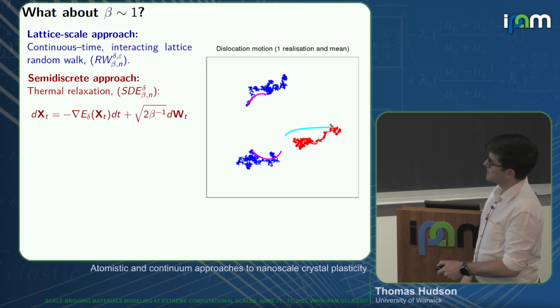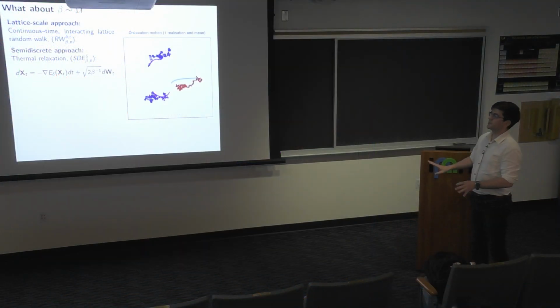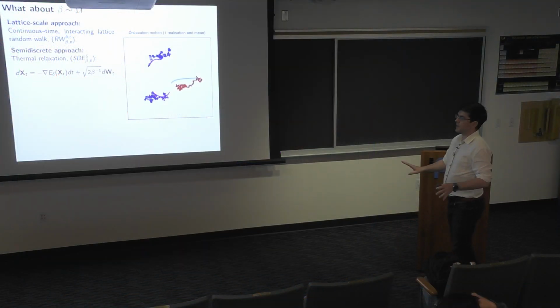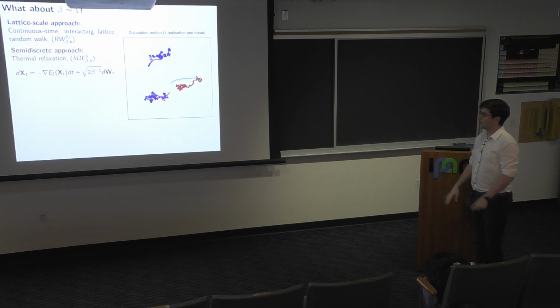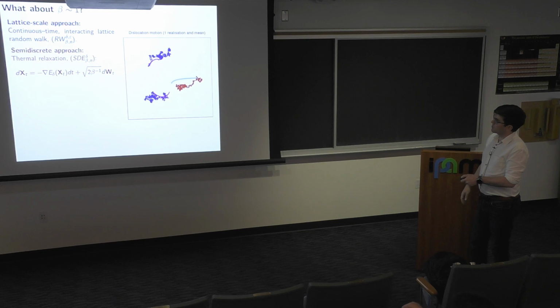And so here, this grad E delta is actually the Peach-Koehler force again. I've just written it in terms of the gradient of some energy functional, which we can write down. And so we've got a random walk model, an SDE model at the semi-discrete level. So I've now got points in 2D that are moving around according to some SDE.